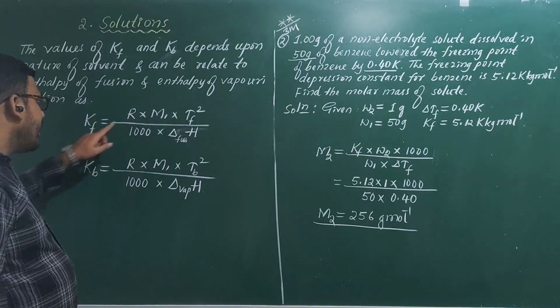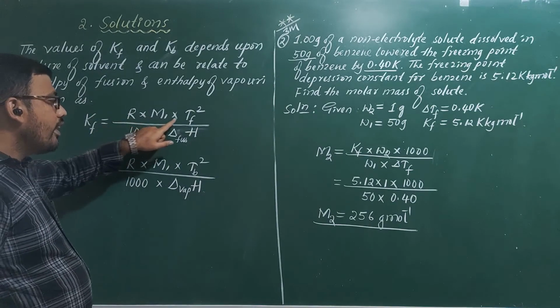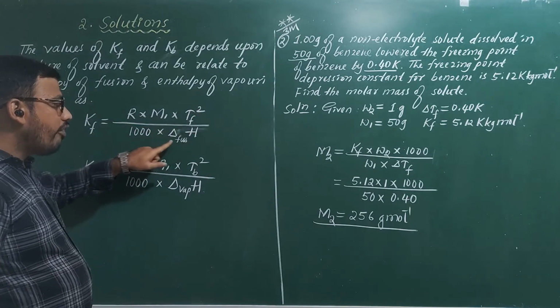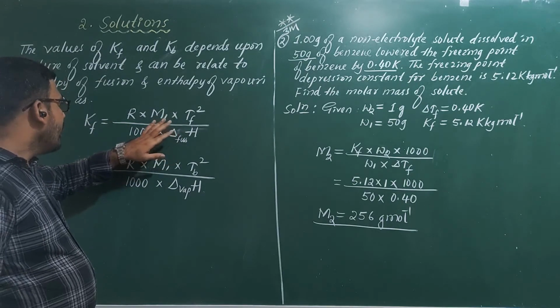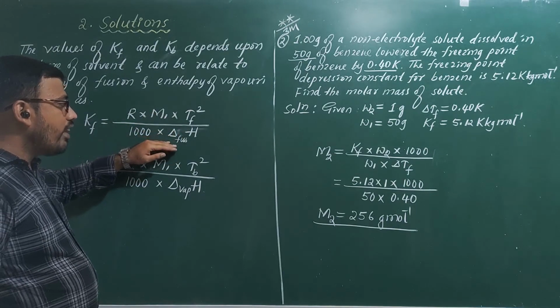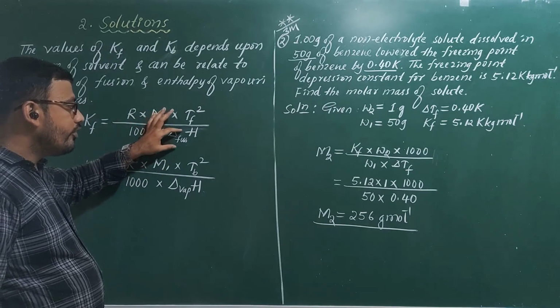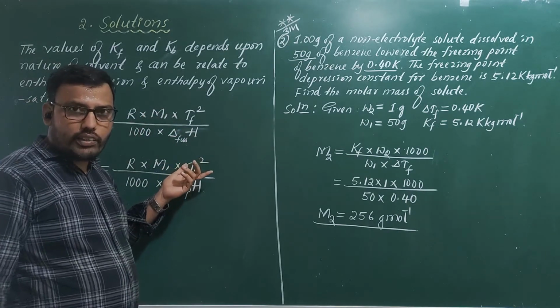So dear students, here R is gas constant, M1 is molar mass of solvent, Tf is freezing point of pure solvent. Enthalpy of fusion is the heat required to convert 1 mole of a liquid into solid.